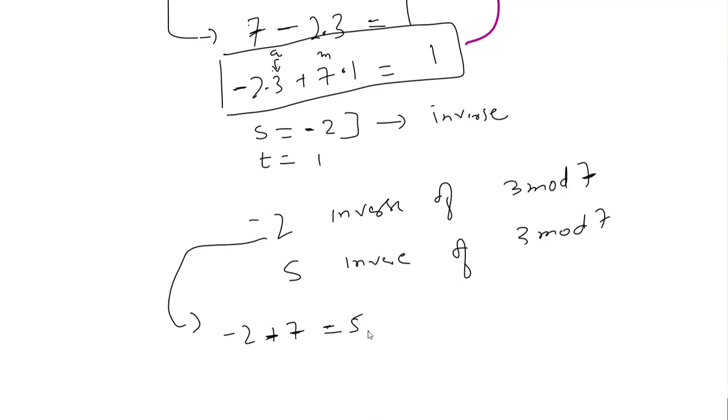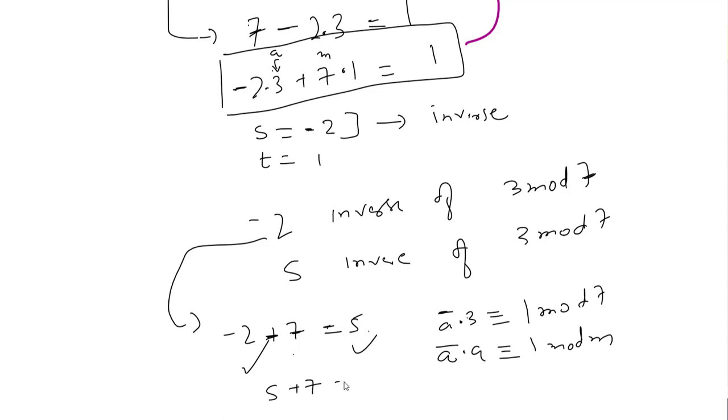And 5 satisfies the equation A inverse times A is congruent to 1 mod M. In our case, it will be A inverse times 3 is congruent to 1 mod 7. So minus 2 fulfills that criteria, 5 fulfills that criteria, and 5 plus 7, which is equal to 12, will also fulfill this criteria.